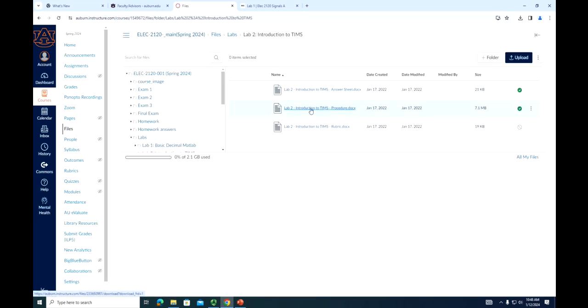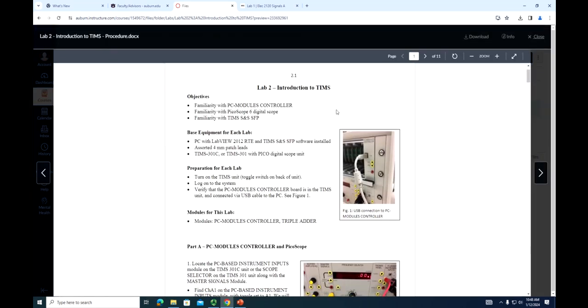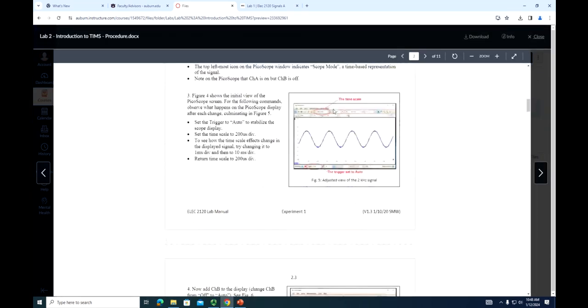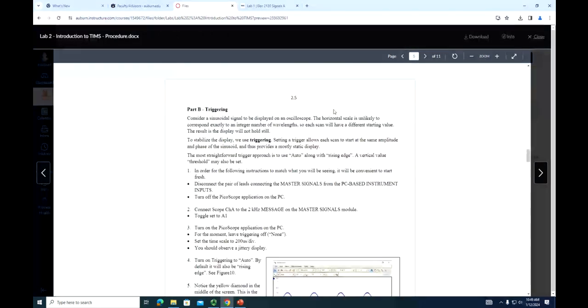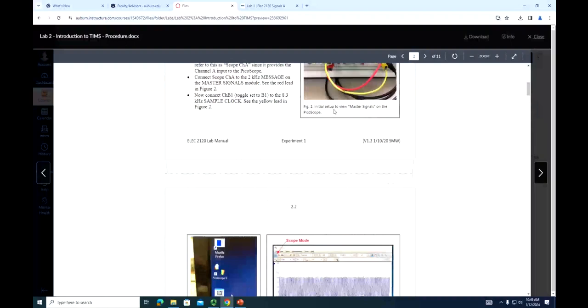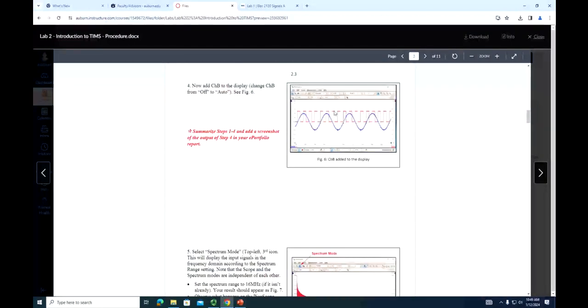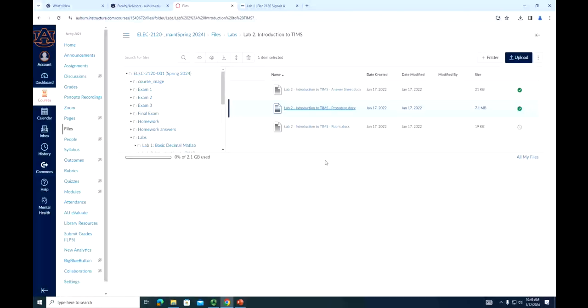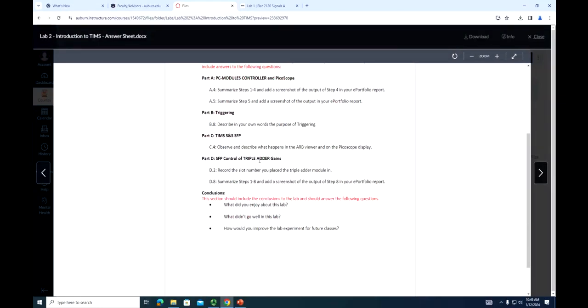For each lab we have just 2 files. One file is the process of your lab. You just read this document and do the experiment step by step. And this file named answer sheet lists all the questions you should answer.